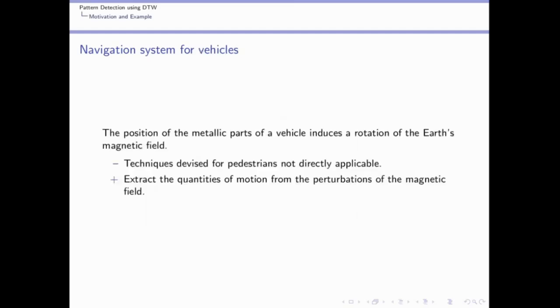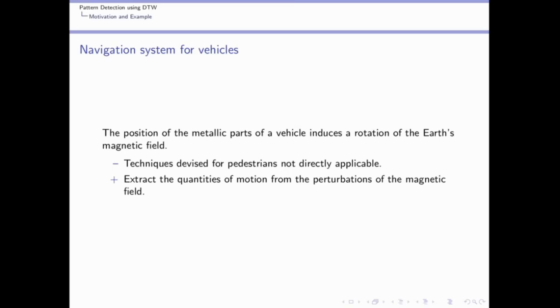and in particular cars. And here we have the problem that the moving parts in a car induce perturbations on the measurements produced by a magnetometer. You can imagine that there are many moving parts, and the position of each influences the measurement.